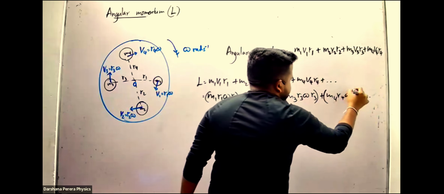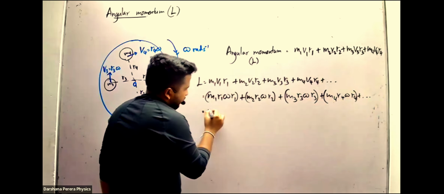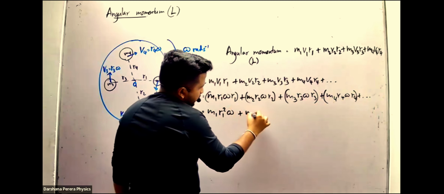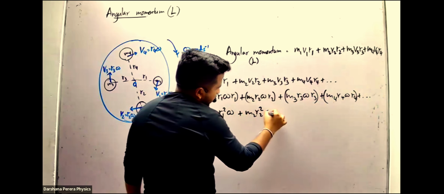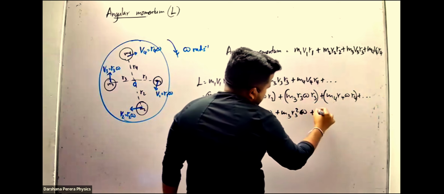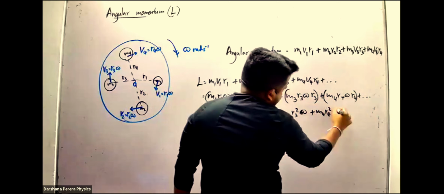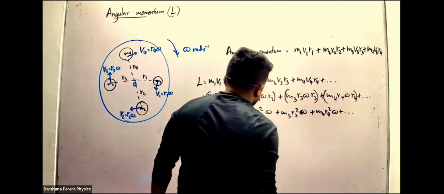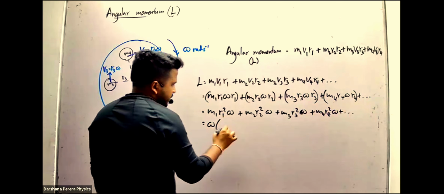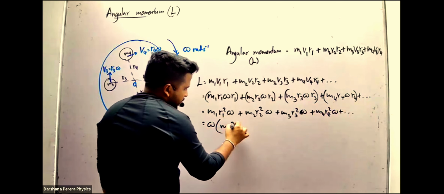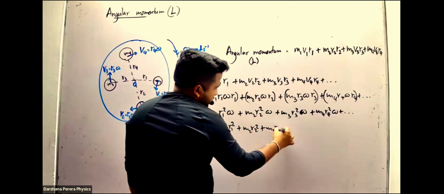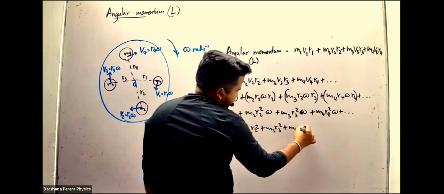Therefore, we can simply say M1 R1 square omega, M2 R2 square omega, and so on. Omega is a constant, so we get M1 R1 square, M2 R2 square, M3 R3 square, M4 R4 square.